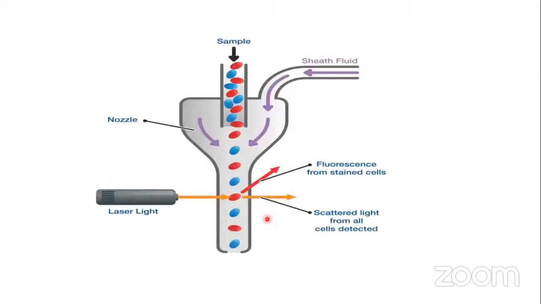This is also the schematic of the flow cytometry. It has a nozzle, and the sample is directly passed through this funnel. And we also have the sheath fluid, which allows the microorganisms to mix.